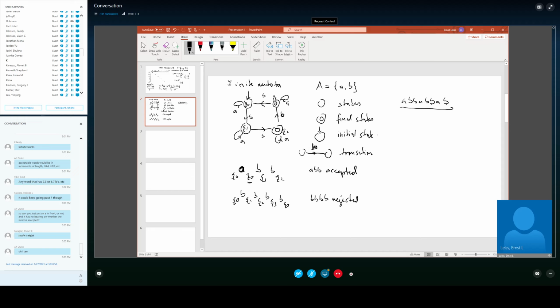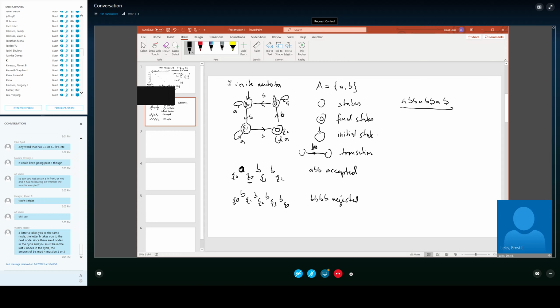So a word has to end up in Q2 or in Q3, and that means we need 2 plus any multiple of 4 B's, or we need 3 plus any multiple of 4 B's to end up in either of the 2 final states.